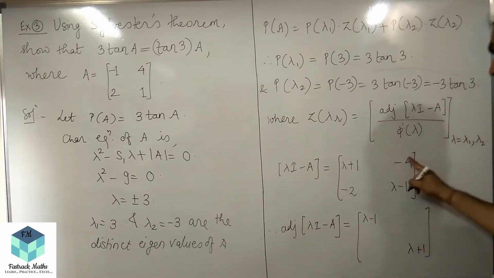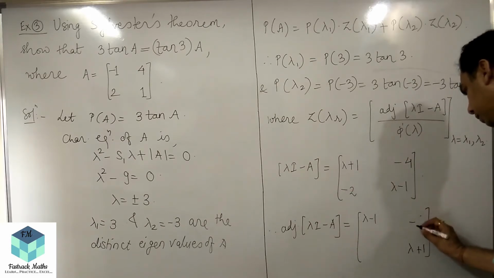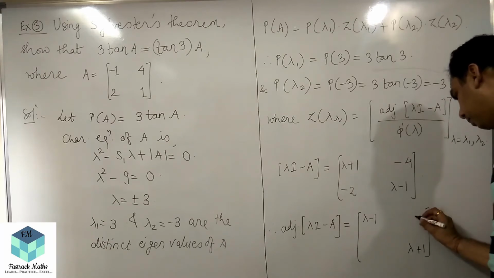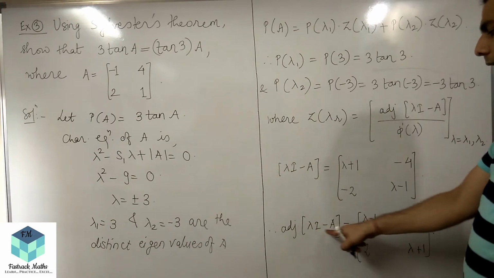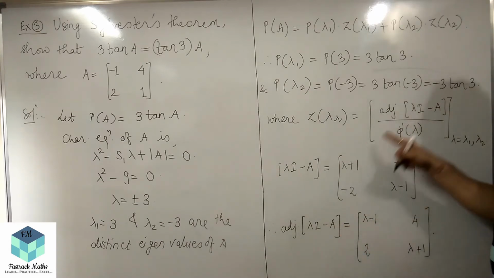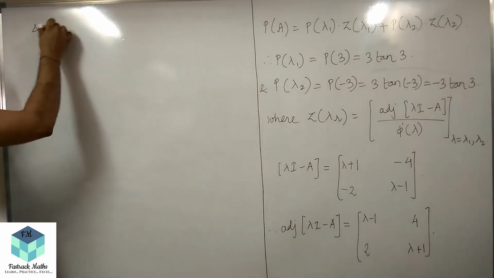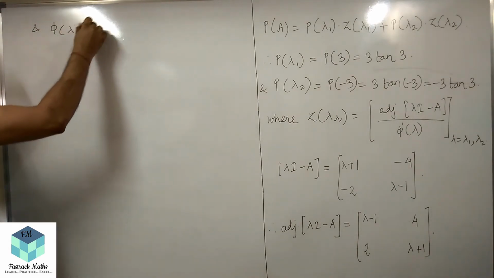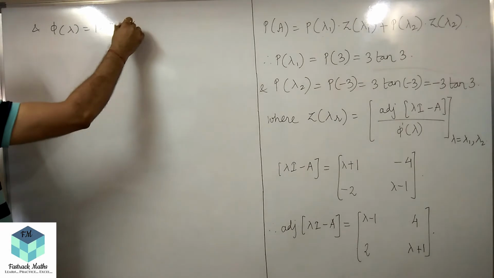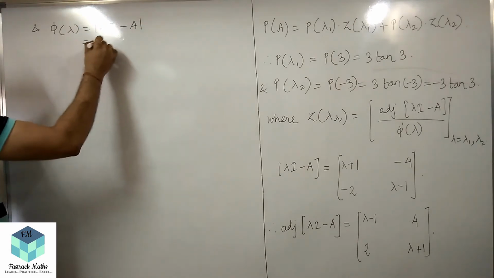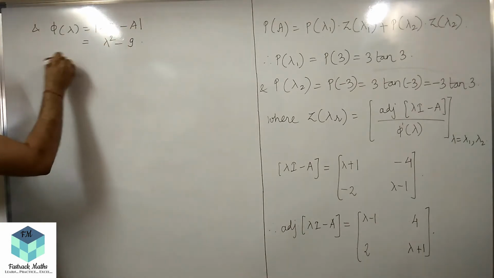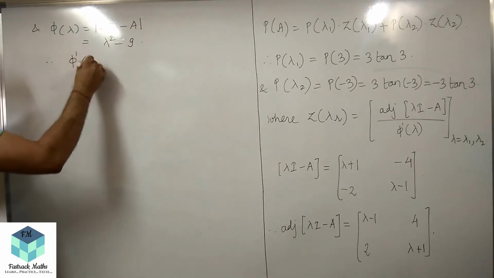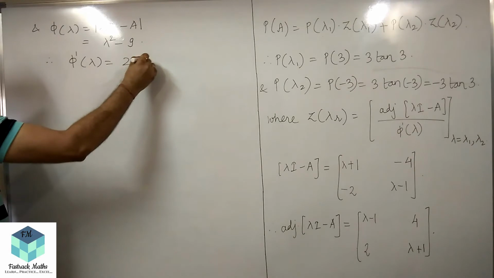Then phi of lambda is the determinant of lambda I minus A, which is lambda square minus 9.